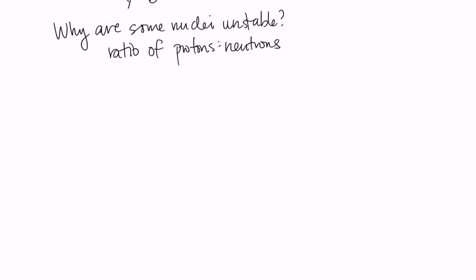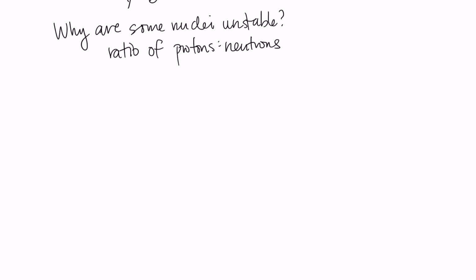And those are represented by the stable isotopes that we see on that graph that we saw today with all of the isotopes. They were the black ones that were stable. So it has to do with the ratio. And if they have a correct ratio that's stable, then they're stable. And if the ratio is off somehow, then they are not stable.